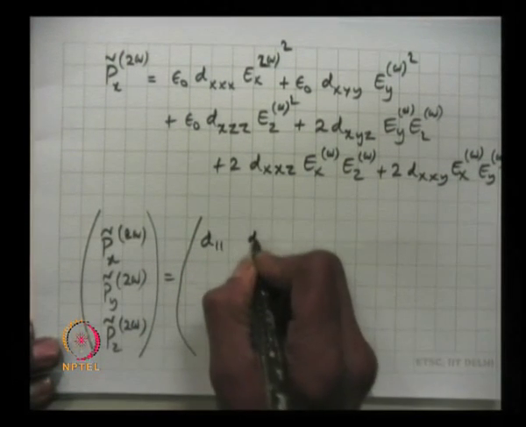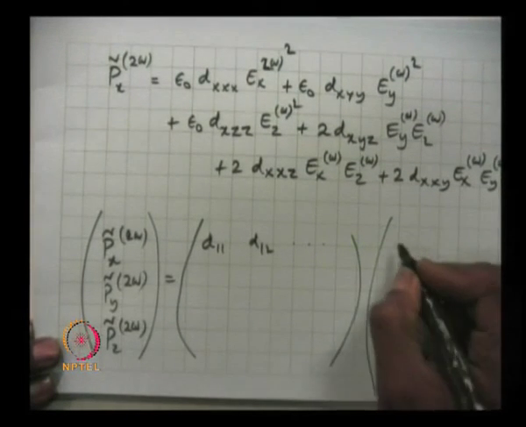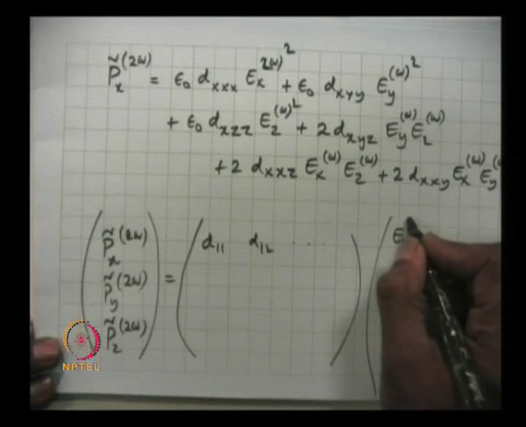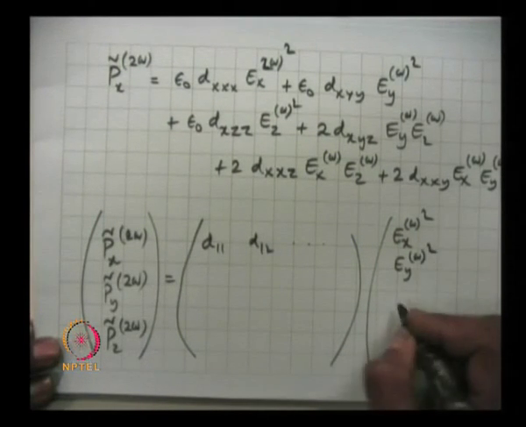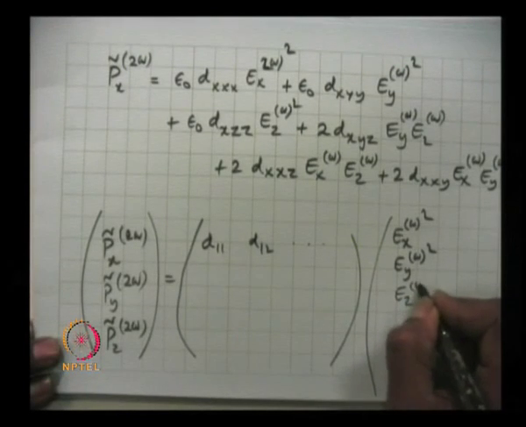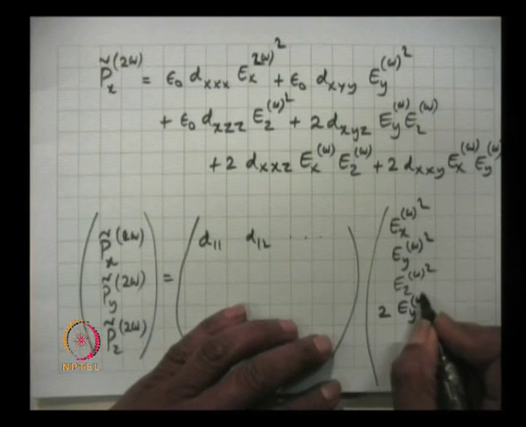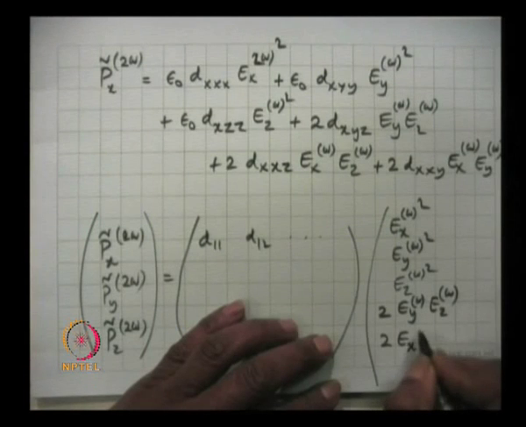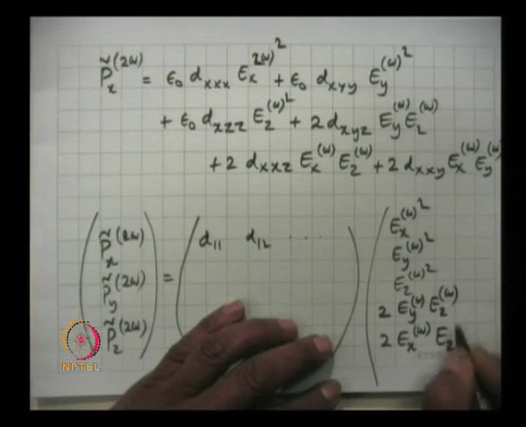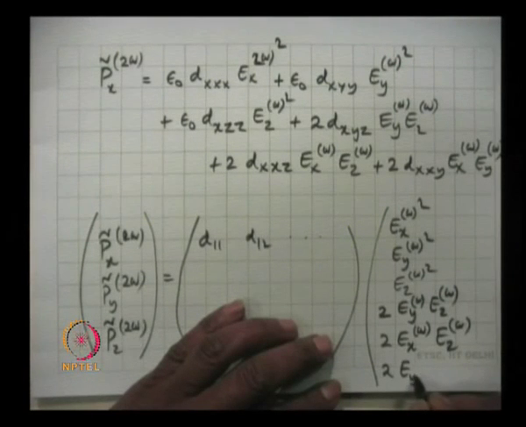So, D11, D12 etc. into Ex of omega square, Ey of omega square, Ez of omega square, 2 Ey of omega Ez of omega, 2 Ex of omega Ez of omega, and 2 Ex of omega Ey of omega.